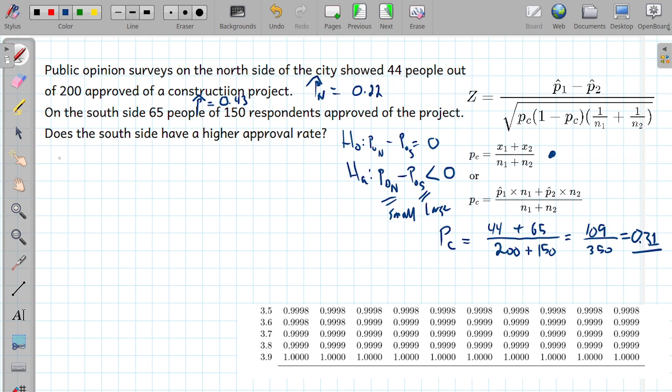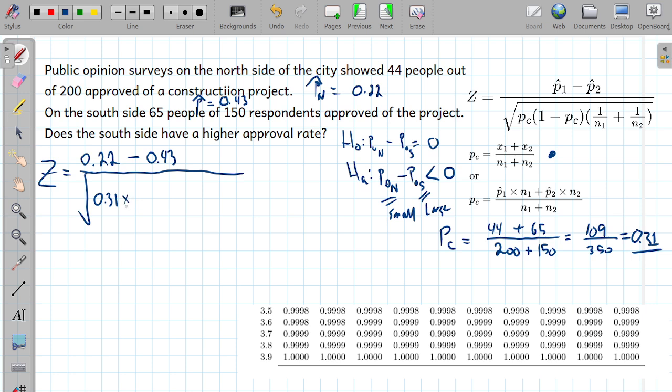Let's set this up. So here we have Z, and we're going to just leave it the way it is. We're going to go north side 0.22 minus south side 0.43. And in the denominator, under the square root, we need 0.31.